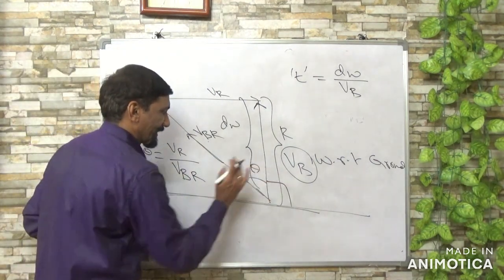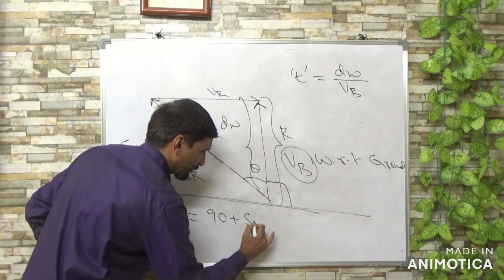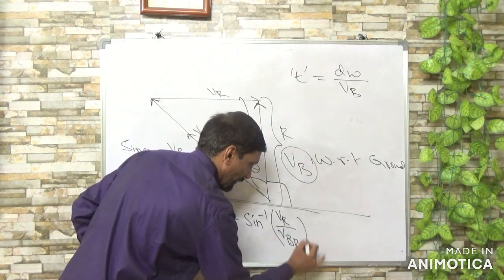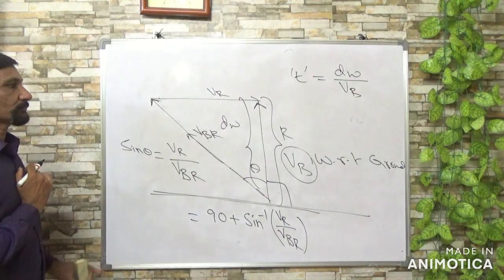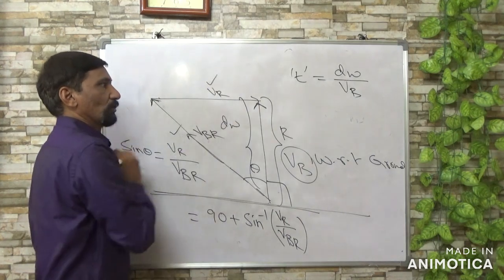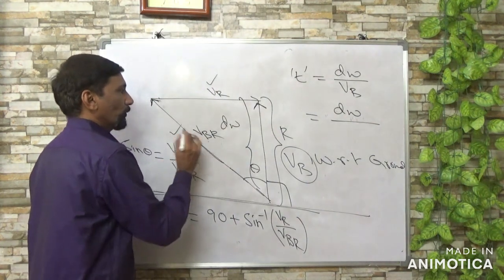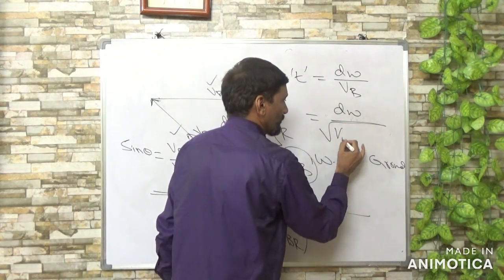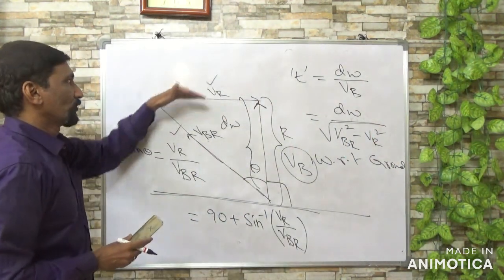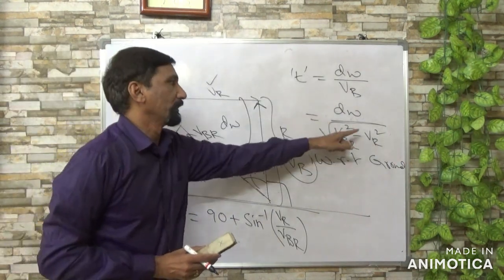Then the resultant angle will be 90 plus theta, where theta is sine inverse of VR by VBR. Now how to find VB? This is known to you, this is also known to you. Then you can find dW by root over VBR square minus VR square. These two are known to us, so that is how the velocity of the boat with respect to ground is obtained.